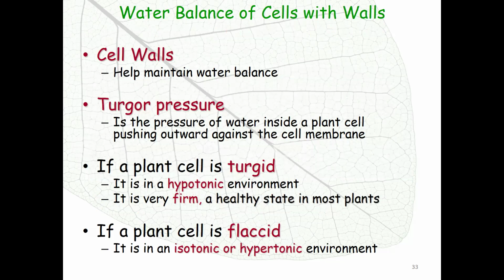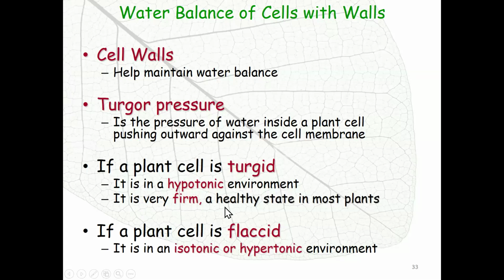Water balance of cells with walls. For example, in a plant cell, there is a cell wall. So cell walls help maintain water balance, and there is also turgor pressure, which is the pressure of water inside a plant cell pushing outward against the cell membrane. If a plant cell is turgid, it is in a hypotonic environment.